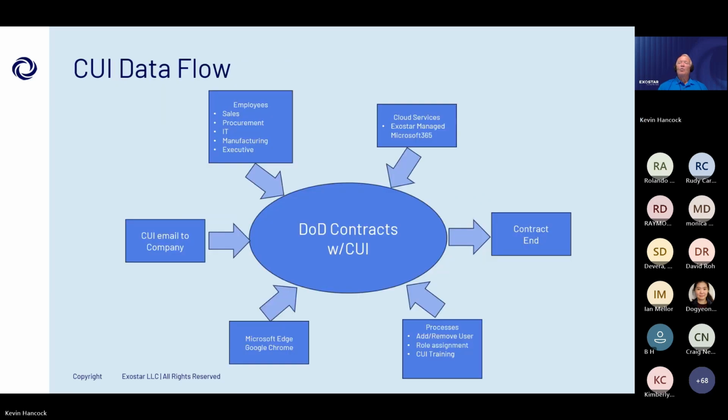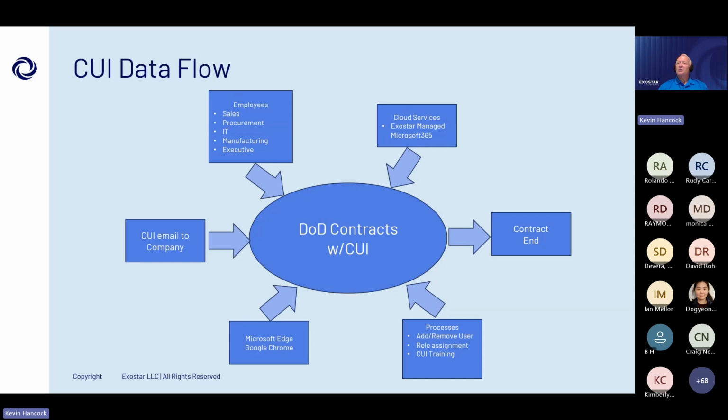Now, when you start to look at NIST 800-171, the thing you're going to evaluate is a system. And that system is where you store, process, or transmit controlled unclassified information.